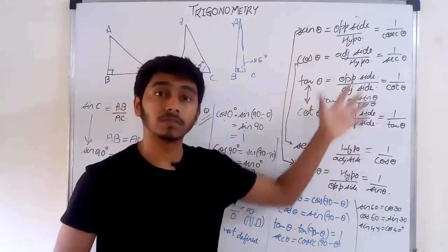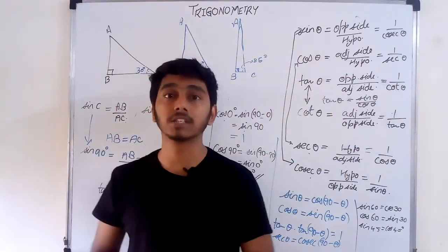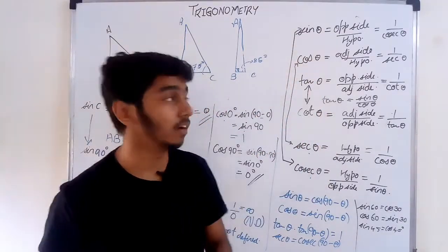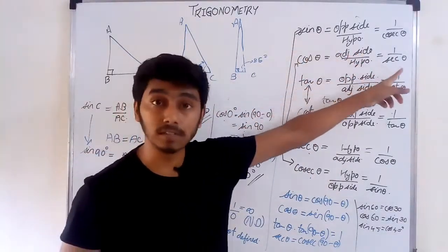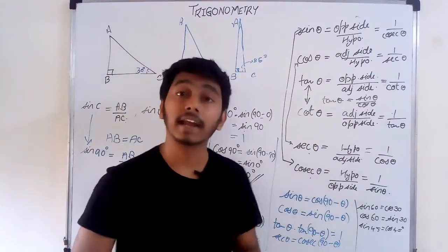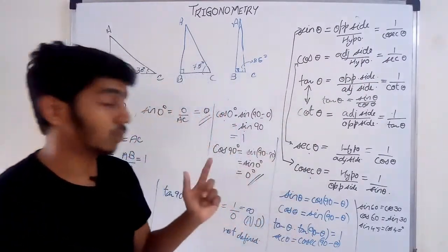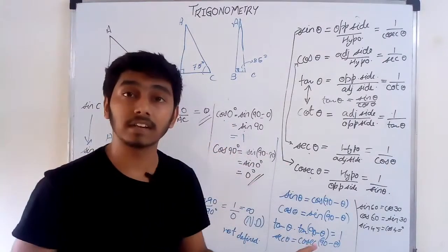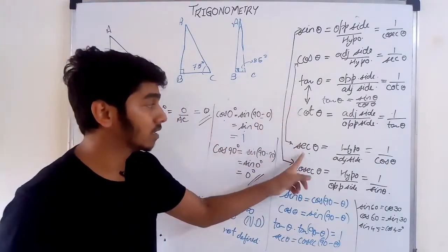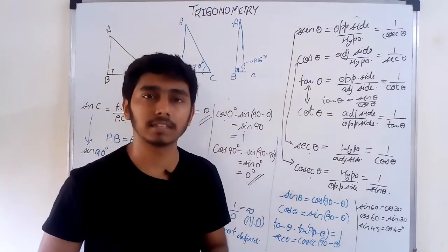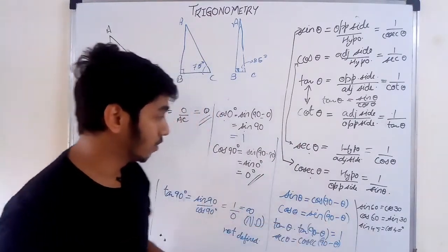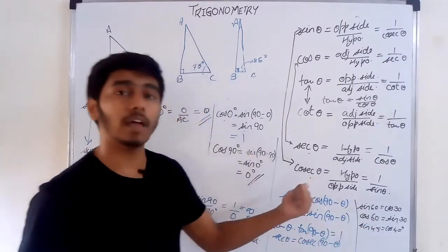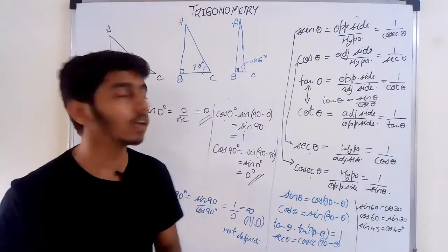We learned the different trigonometric ratios in this video, and also the relations between them in terms of reciprocals and in terms of 90 minus theta, and we also saw the values of each of the trigonometric ratios except for cot, sec and cosec, which you will be learning in higher standards. Therefore we have learned how to find cos 30, sin 30 and all the values of trigonometric functions.